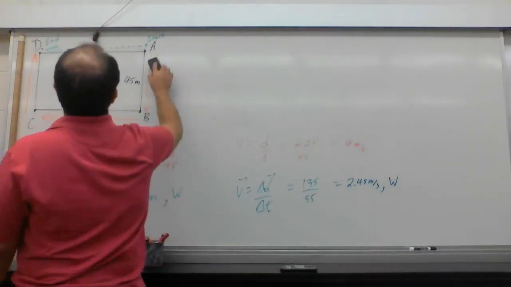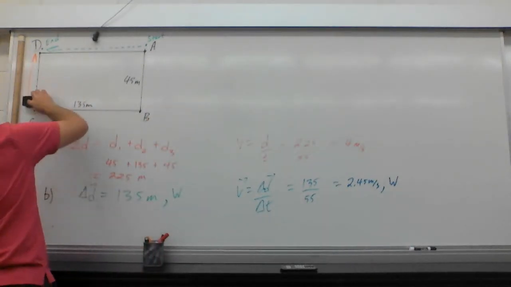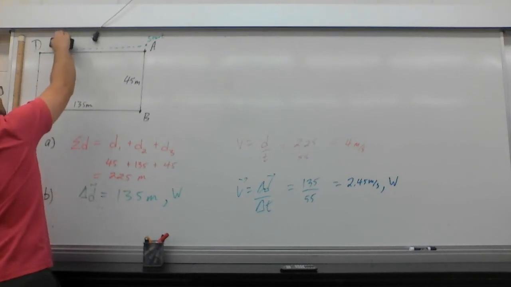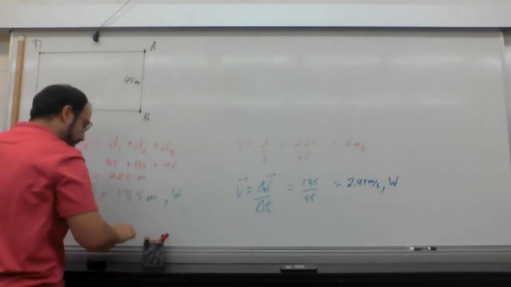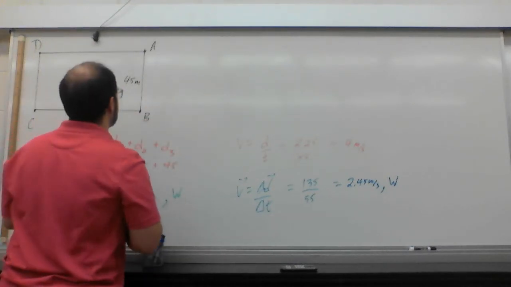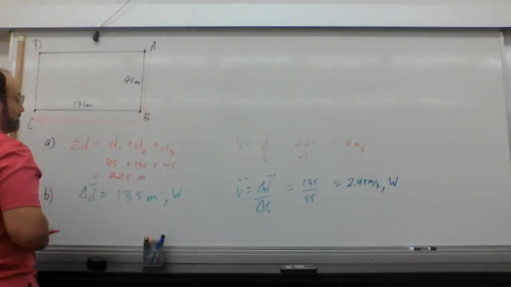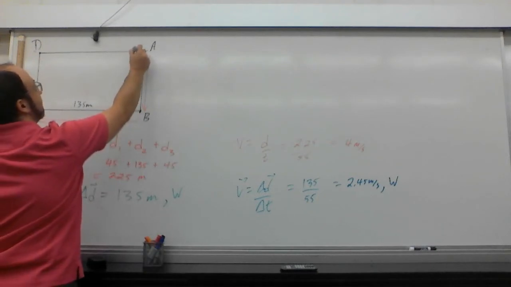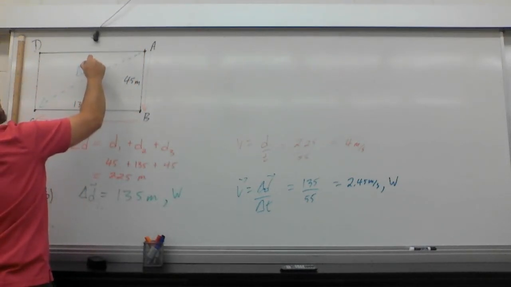Triangles, triangles, triangles. So let's erase it. We'll use some different colors. So we go from A to B, B to C, which means that we have this as our displacement.